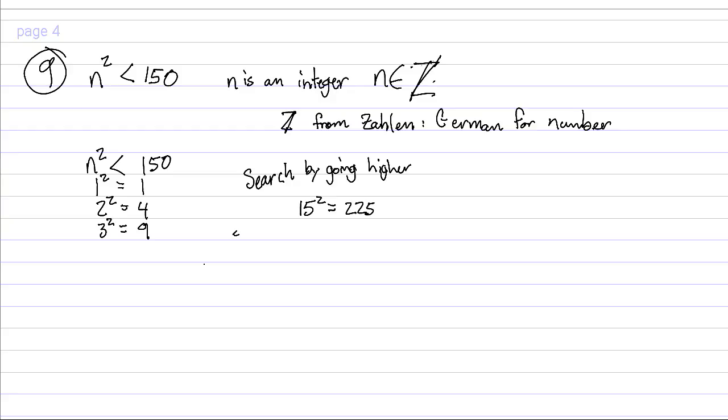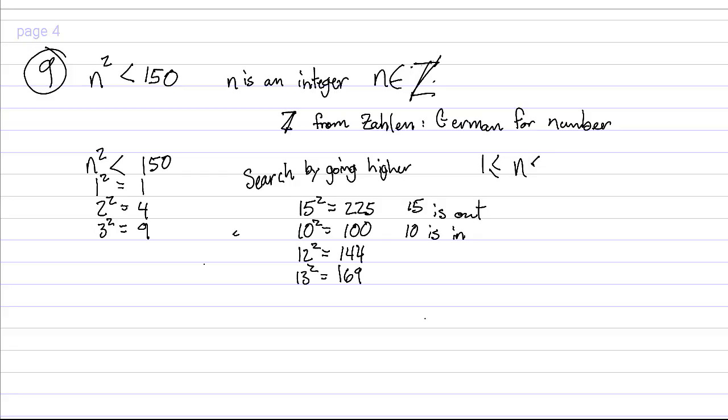So we know it can't be 15. 15 is out. We know 10 squared is equal to 100, so 10 is in, and it's higher than 10. We know 12 squared is 144, and 13 squared is 169, so 1 is less than or equal to n, which is less than or equal to 12.